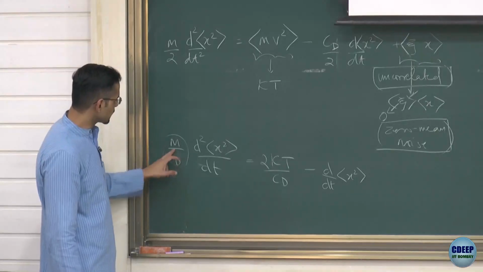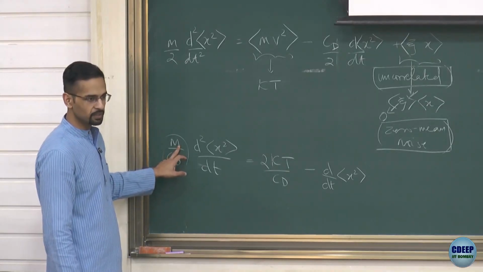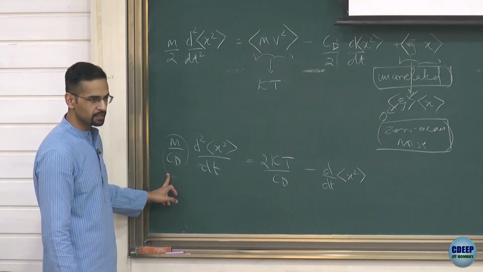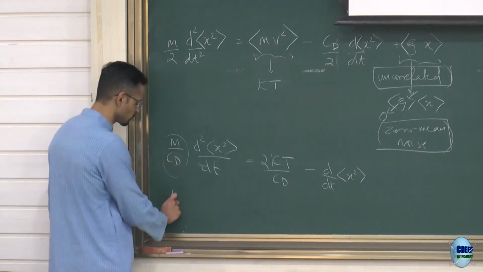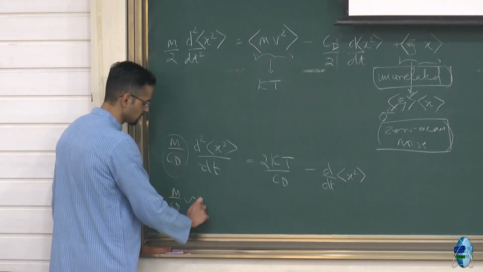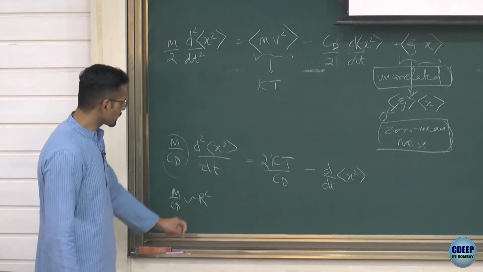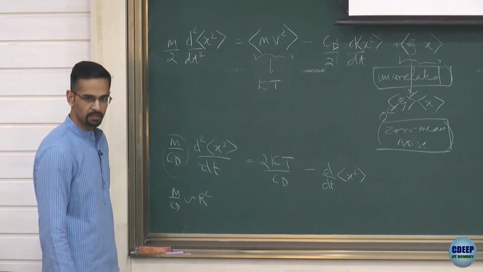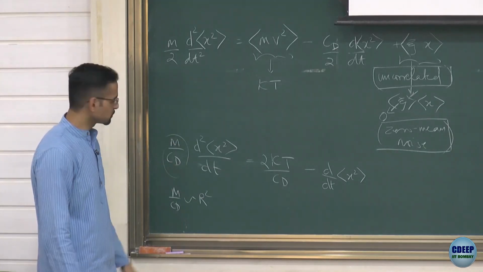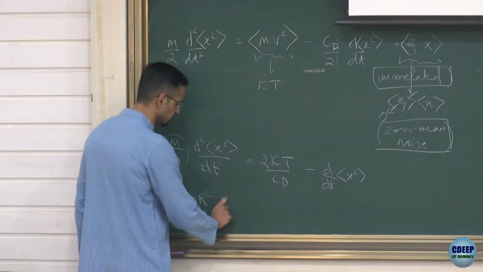Specifically, remember, m will go like r cube and CD goes like r, so m by CD goes like r square, given some density of the particle. So for small particles, this term will become sufficiently small. So typically I can drop this.